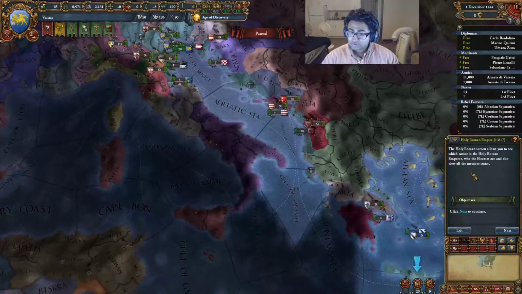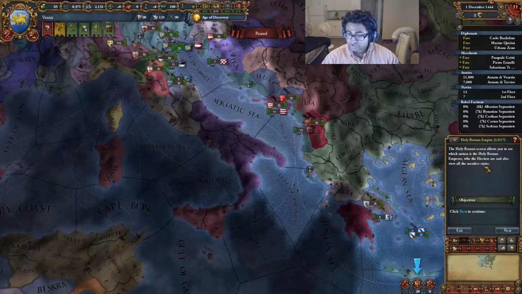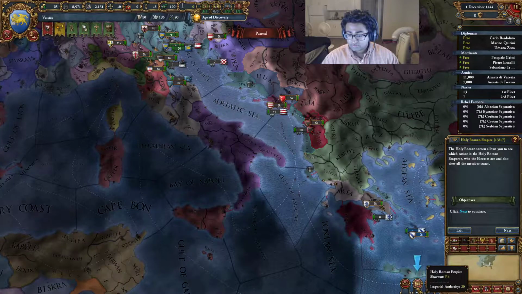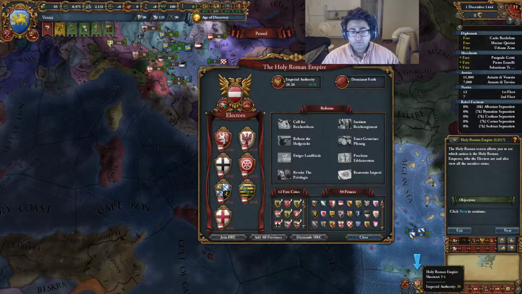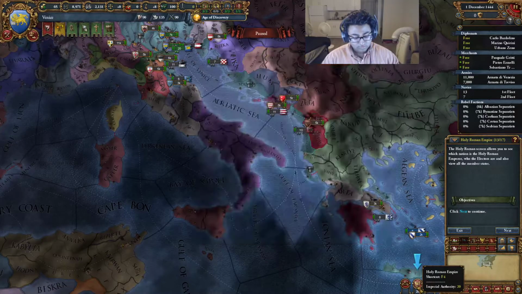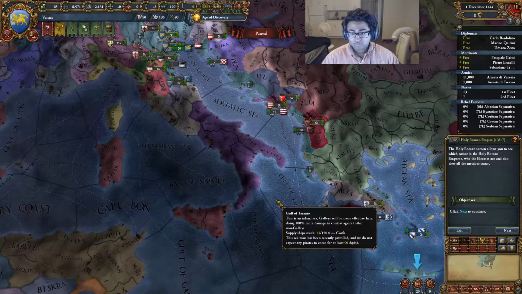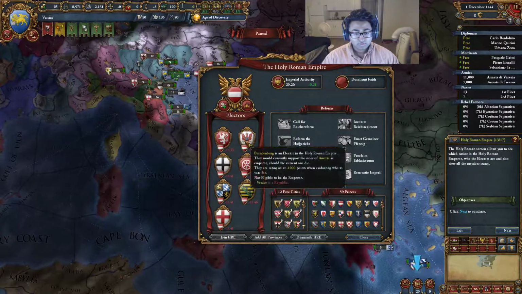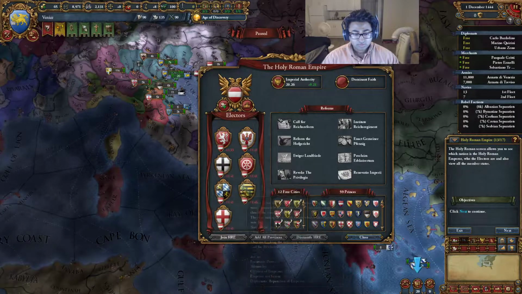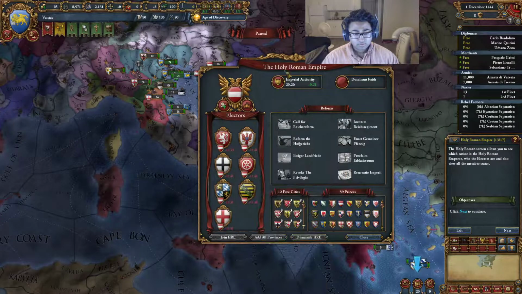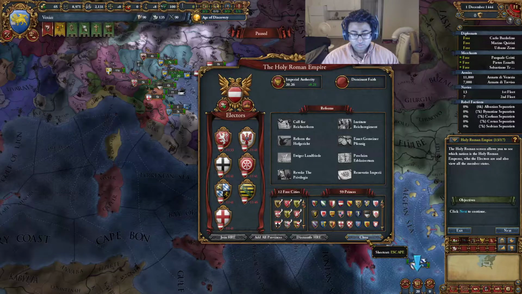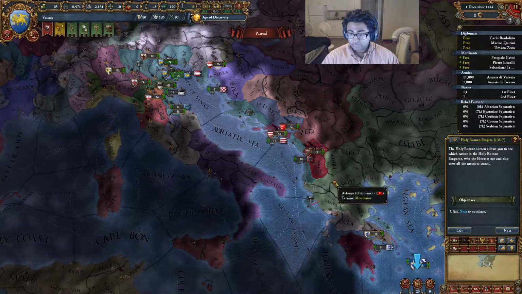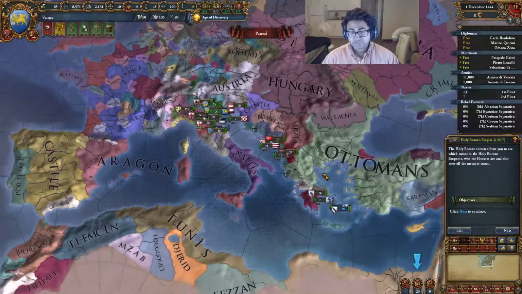The Holy Roman screen allows you to see which nation is the Holy Roman Emperor, who the electors are, and also view all the member states.